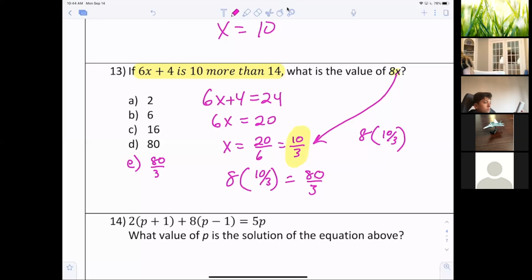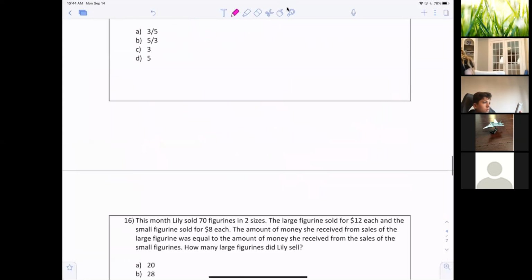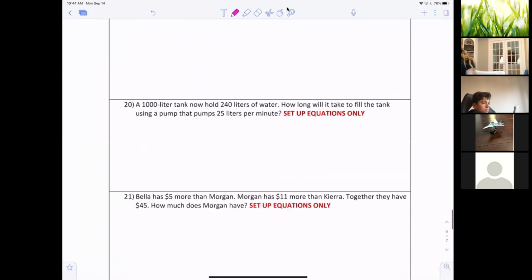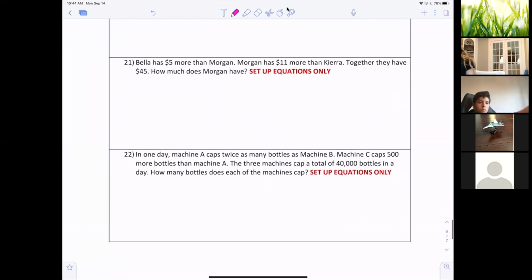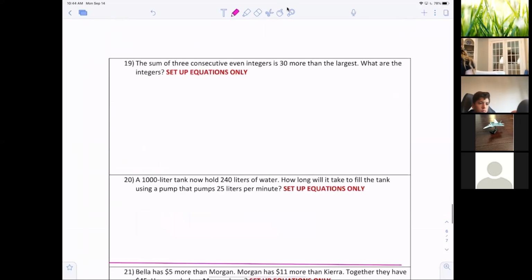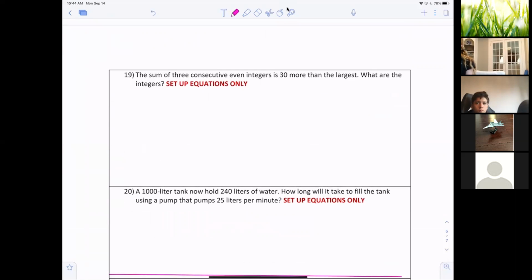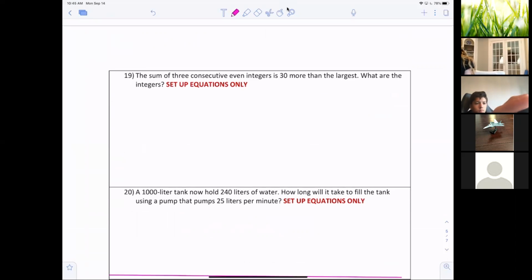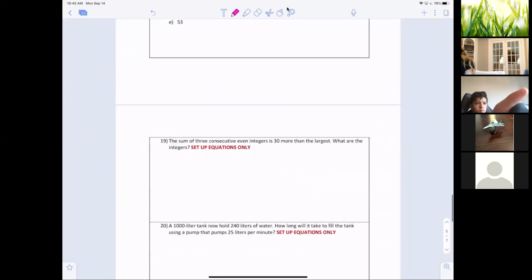All right. Listen, tonight, I want everybody to work on all the way up to 20. Everybody try. Now notice some of these are repeated questions because I thought they were kind of tricky, so I wanted to review with you. The ones that are in red, set up the equation only.